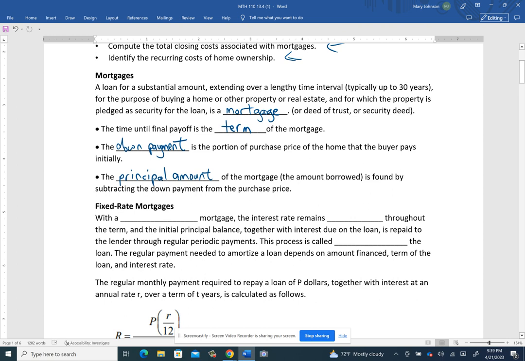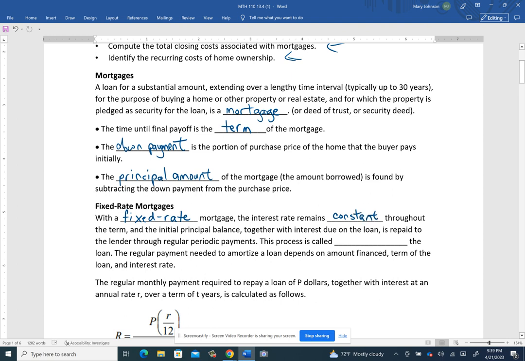Now there are two main types of mortgages: fixed rate versus adjustable rate mortgages. With a fixed rate mortgage, the interest rate remains constant throughout the term of the loan.